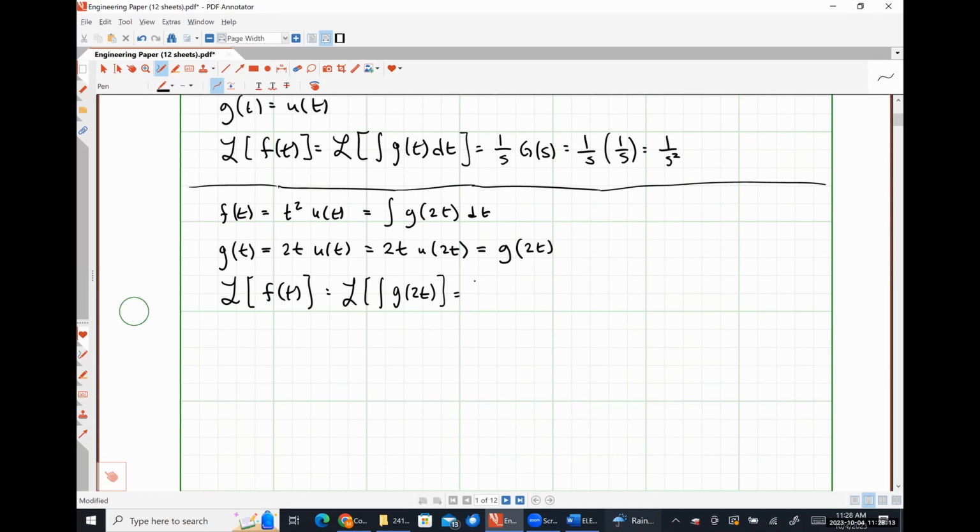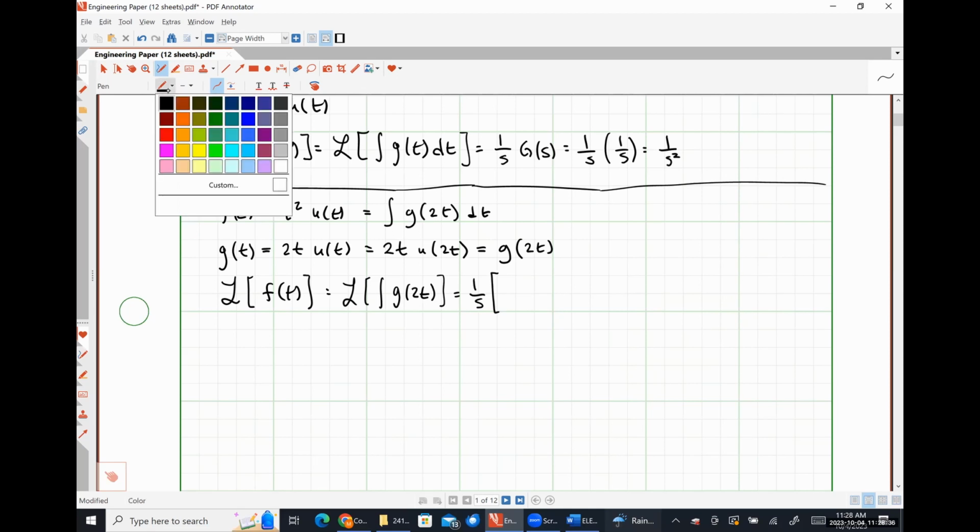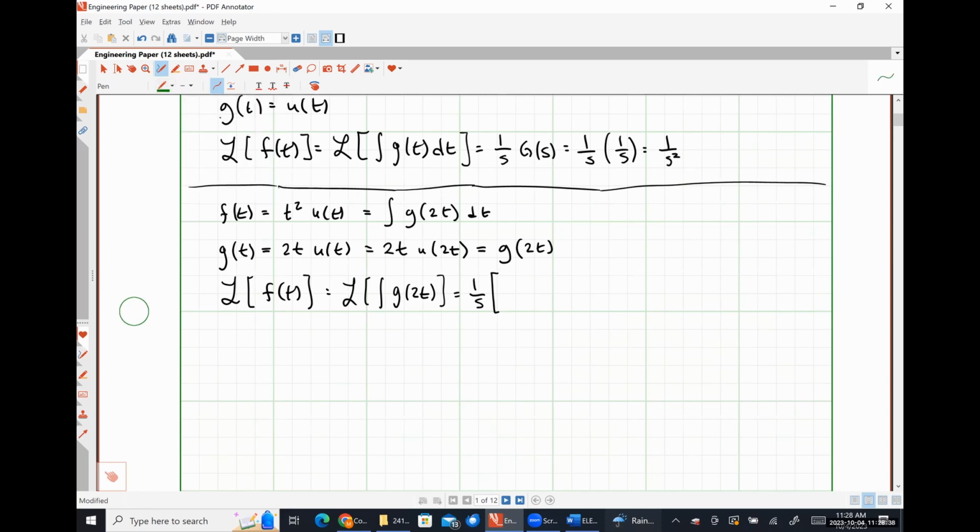So my time integration property is where I get this factor of 1 over s. I'm going to open my brackets here, and now I'm going to put in my time scaling property, right? So if I have a function of a times t, I have 1 over a times capital F of s over a, right? Actually, you can just look at it.